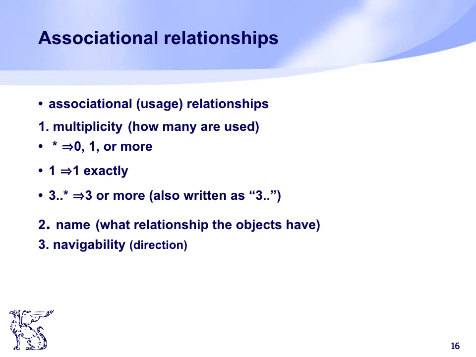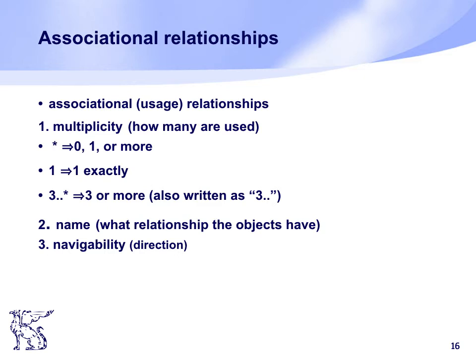So if you have a one-to-one relationship between two classes, then you will show it using 1 to 1 exactly. If you have a one-to-many relationship, you will write 1 on one side and star on the other side. If you have a many-to-many relationship, you will just represent it with star.